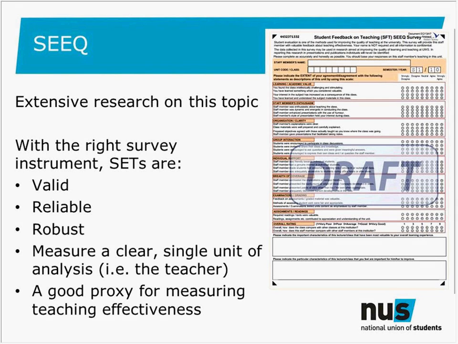If you're looking into module evaluations or student evaluations of educational quality, I would recommend you look at Marsh and at introducing his survey instrument, because used properly it can be a really powerful way of measuring educational quality.